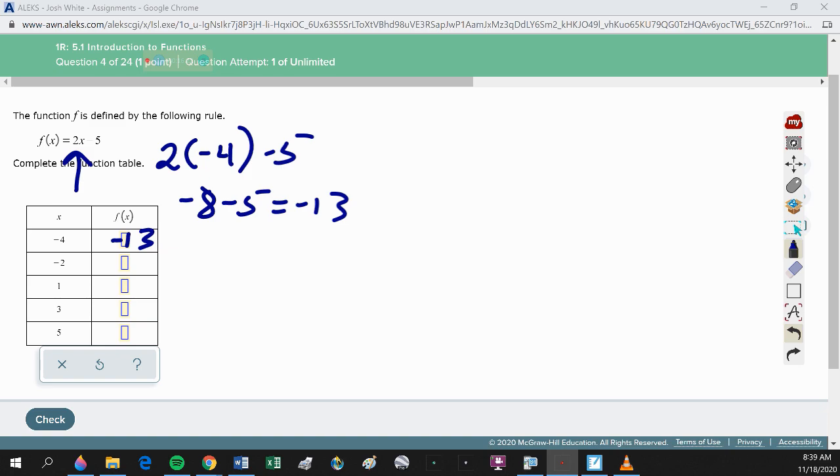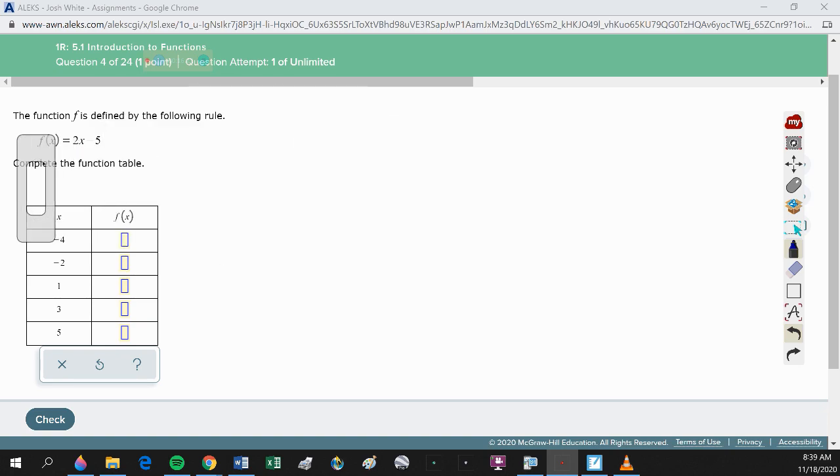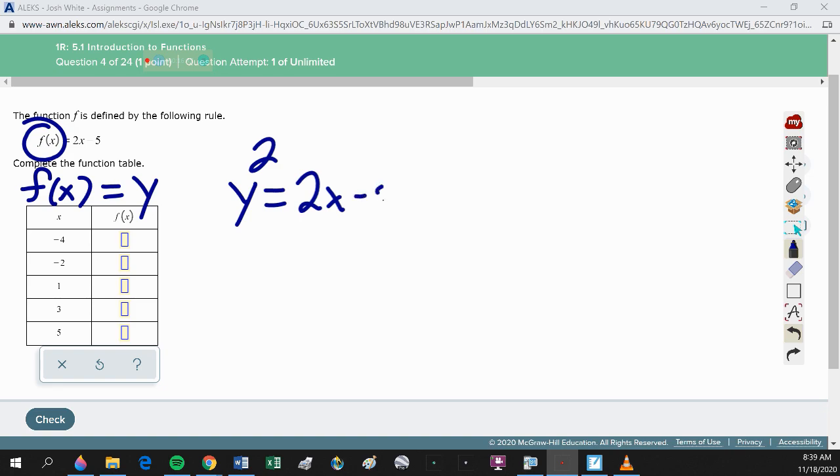So, and this is good to know, f of x means y. They're the same thing, just in a different notation. If you have a y equals equation, it will always be a function every single time. The only way to make that not a function is if we had something like this. If the y is squared, then it may or may not be a function depending on what's going on.